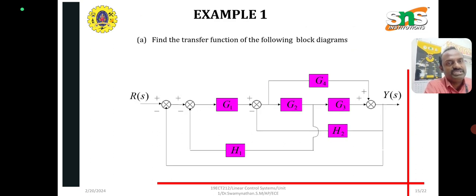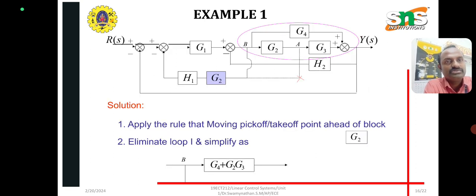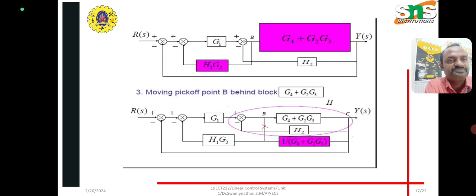Now the example. R(S) is the input, with G1, G2, G3, G4 and H1, H2. So there are 4 G blocks and 2 H blocks, the feedback blocks being 2. First you apply the first rule, moving the pick-off point; look at the pink round, G4. G2 and G3 are in cascade, so you just multiply G2 G3, eliminating loop 1. Then G4 plus G2 G3.